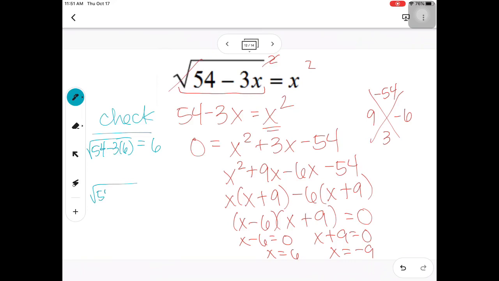And you're going to do square root of 54 minus 3 times negative 9, and seeing if that equals negative 9. When you do that here, you get square root of 36 equals 6, which is true, so that's good. When I do the second one, I get square root of 81 equals negative 9, which is not true. So this negative 9 we have to cross off, and the only answer is 6.